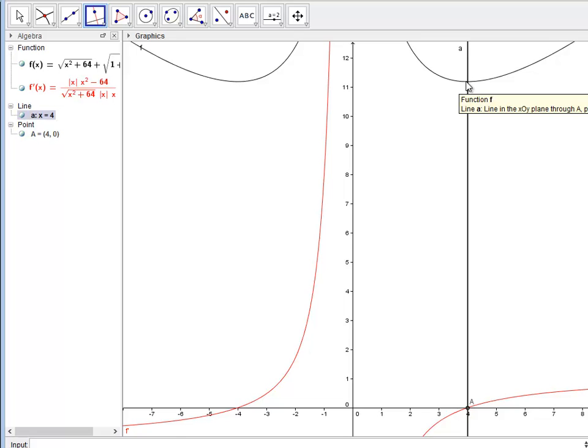The y coordinate will be our value of that function here. This is the minimum actually, but let's find a point, intersection of these two. B, if you look at B here, B is intersecting that function at 4 and 11.18. So that's all we had to prove.